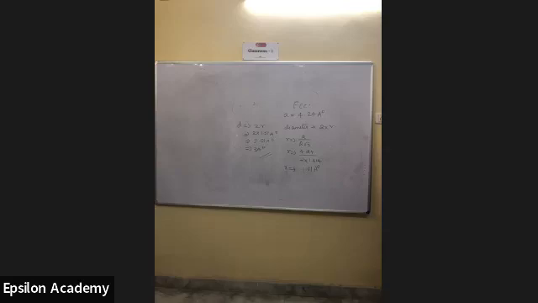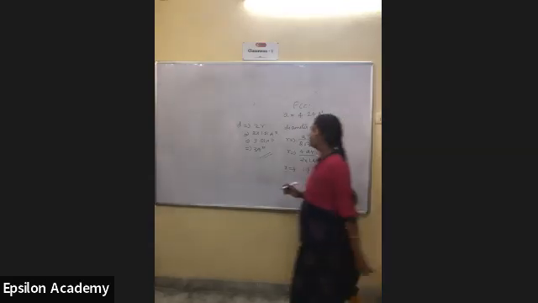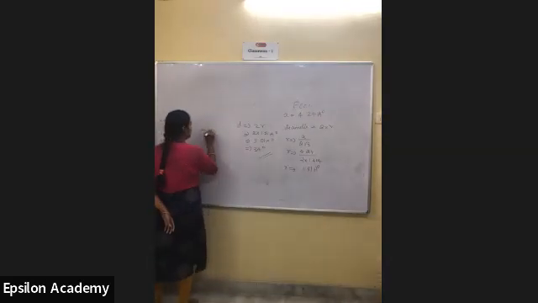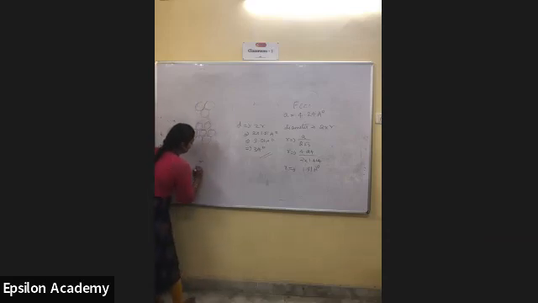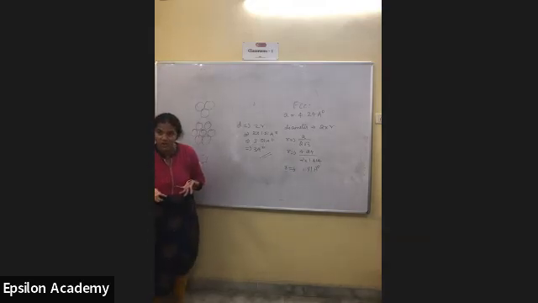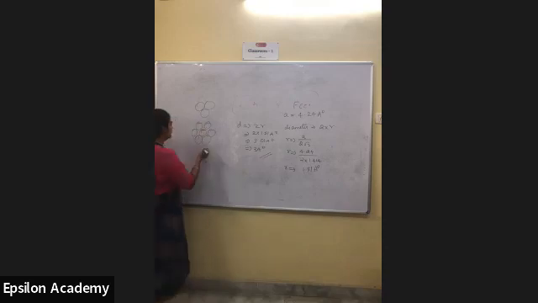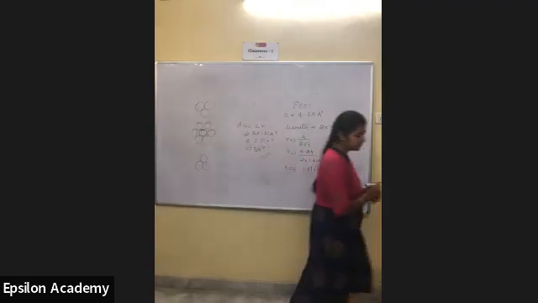Types of layers: A, B, C. Center particle, one like this, one like this. I have taught this yesterday, right? So this is 1, 2, 3, 4, 5, 6, 7, 8, 9, 10, 11, 12. The coordination number is 12.